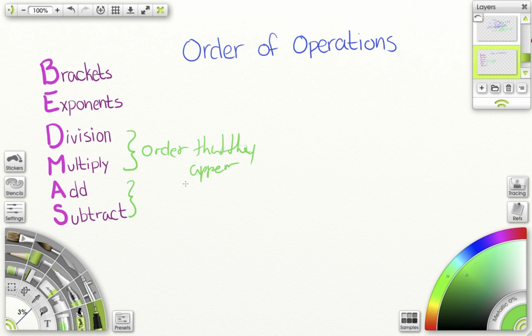And then the next one I go in order from left to right for adding and subtracting. So once all your division and multiplication are done, then you can do your adding and subtracting. I'm going to leave these little brackets here as a reminder, but I just need this room right here.